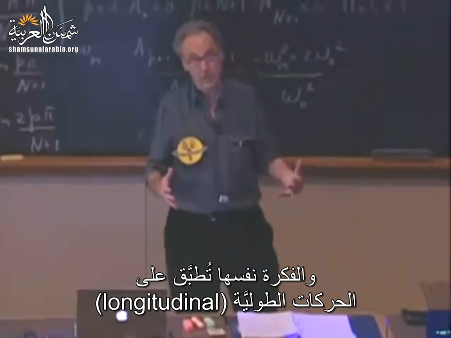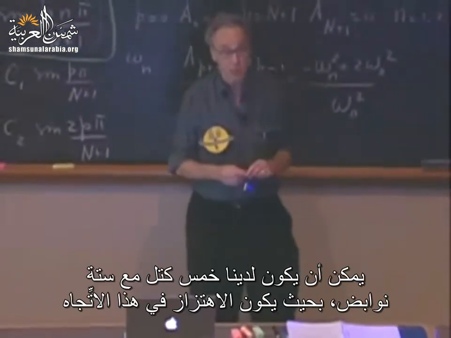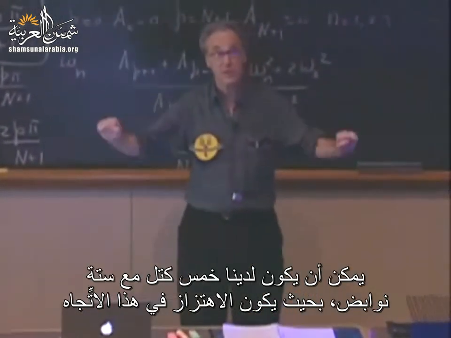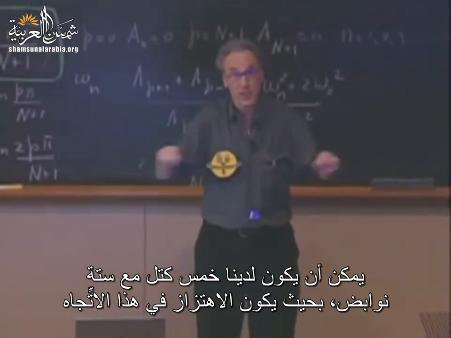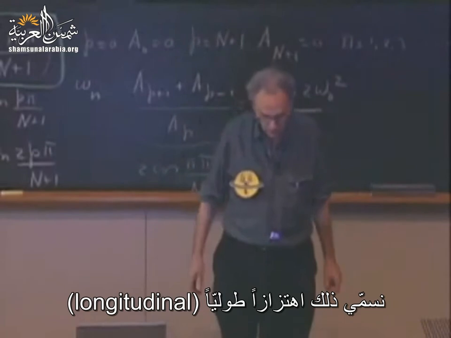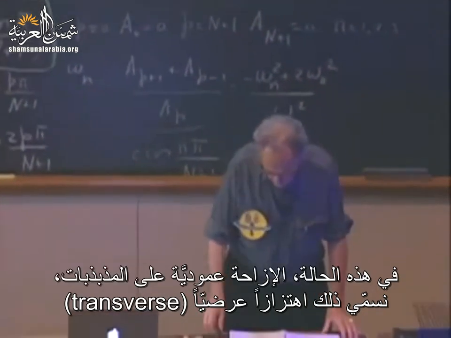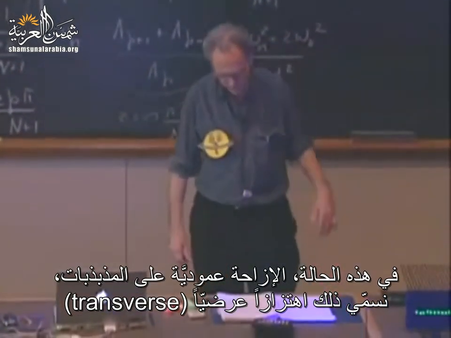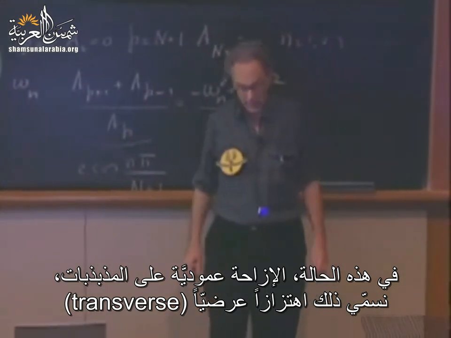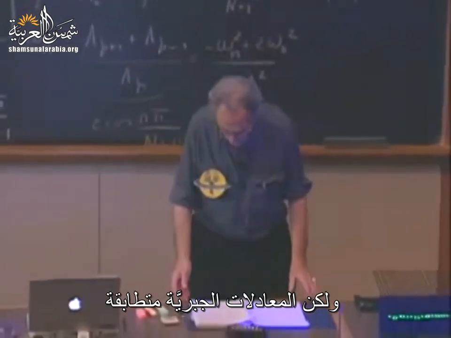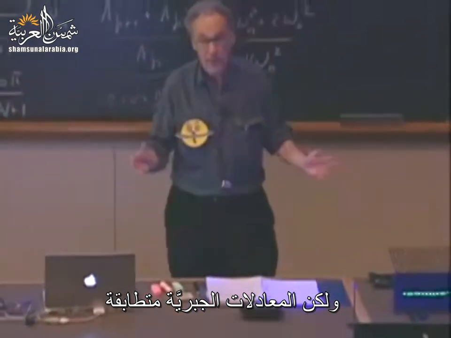And the same idea holds for longitudinal motion. So you can have 5 beads with 6 springs, and then the oscillation is in this direction. We call that a longitudinal oscillation. In the other case, the displacement is perpendicular to the oscillators. We call that transverse. But the algebra, as you can imagine, is identical.